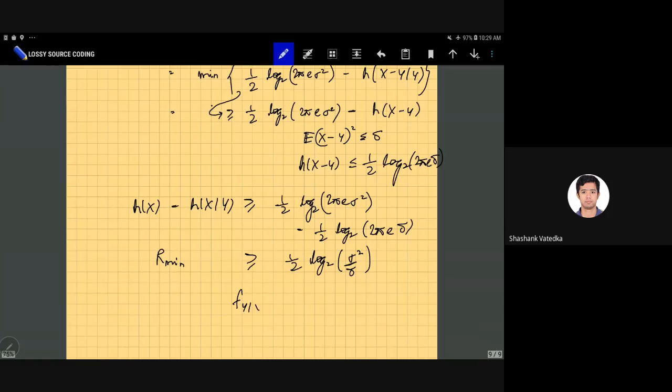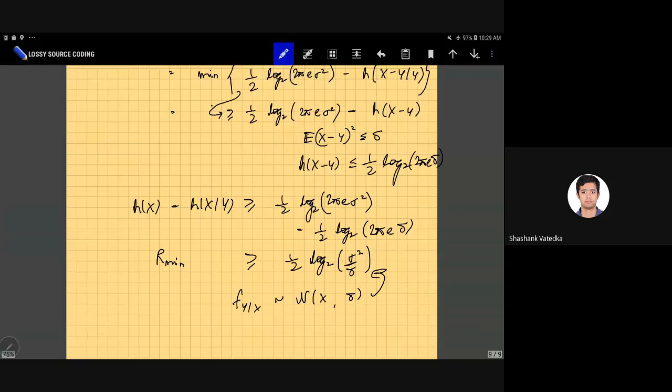so fy given x to be Gaussian with mean x and variance delta, then we basically get this. The mutual information will be equal to half log sigma square divided by delta. Right?